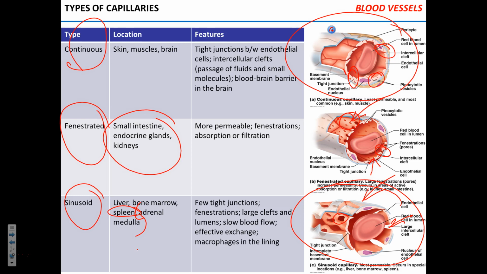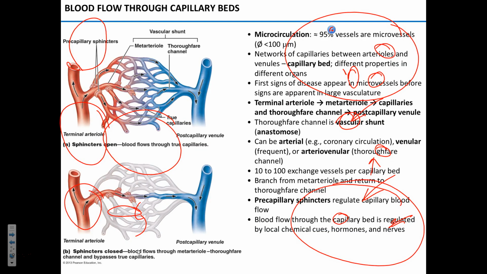So basically, they are the leakiest, but it's kind of their function. Does that make sense? What you need to know about these three types: leakiness and where you can find them. So you're going to find sinusoid capillaries in brain, muscle, kidney, liver. So liver. Was I clear? Good.